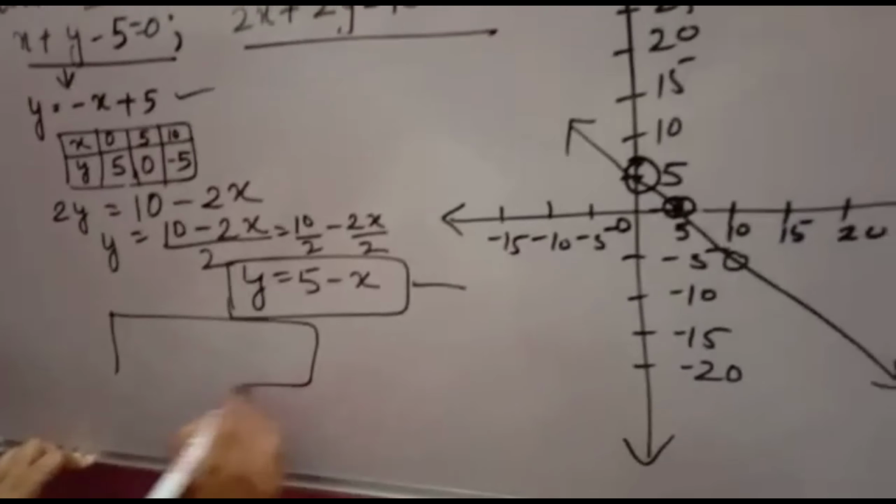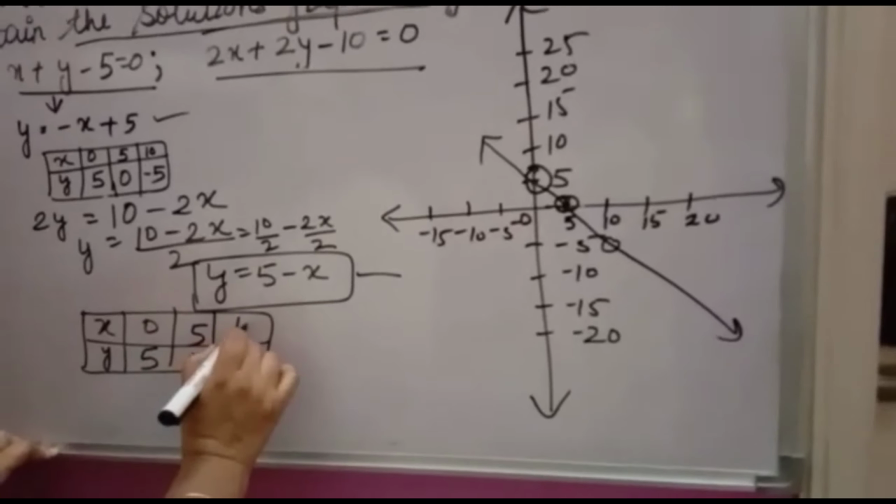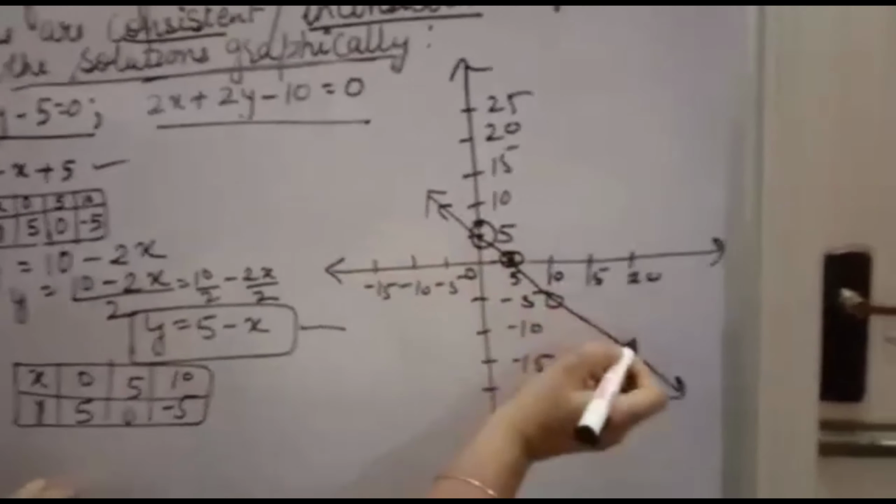So that means its table can also be the same, no need to calculate again, you can write the same table. Now table same, that means graph will also come same.